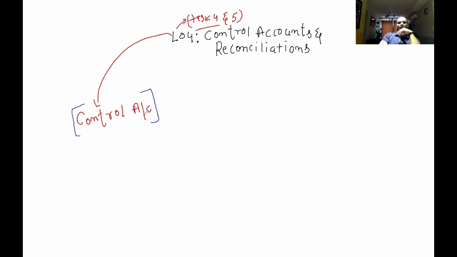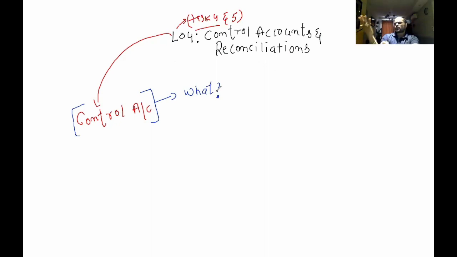Now, what is a control account? We're going to study the meaning of control accounts, the meaning of memorandum accounts, and the meaning of reconciliation accounts, I mean how we reconcile it and the reason behind reconciliation.